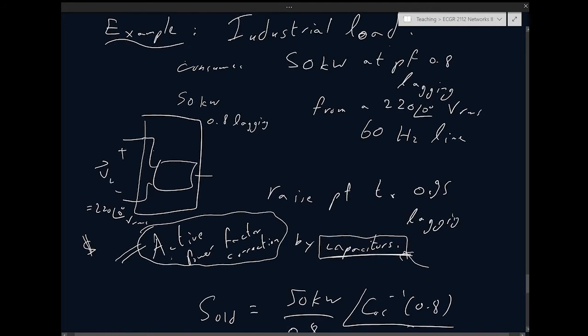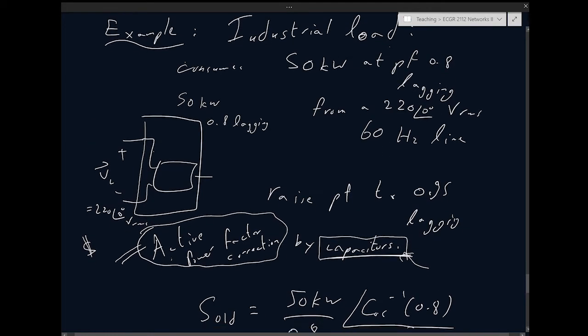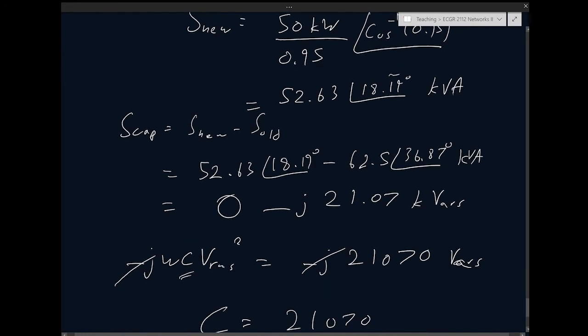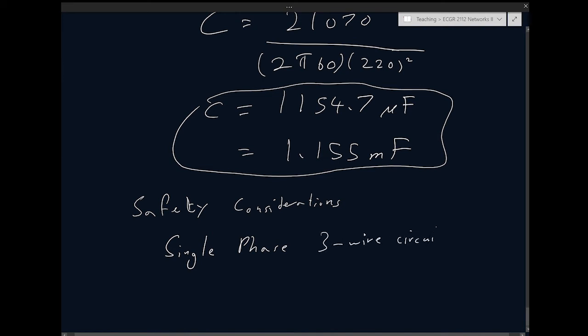All right, so that's it for this chapter. I'm going to assign after this a bunch of homework problems. There are two more sections, which are the sections about safety considerations and single phase three-wire circuits.